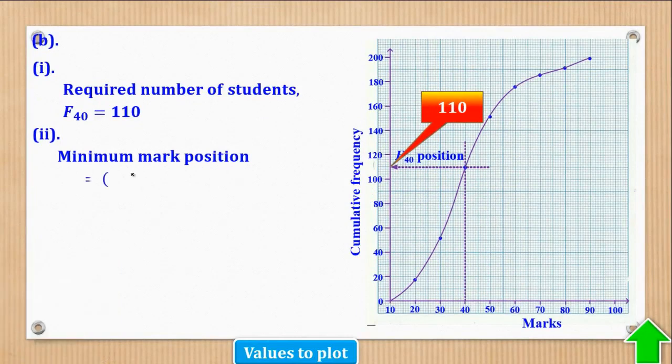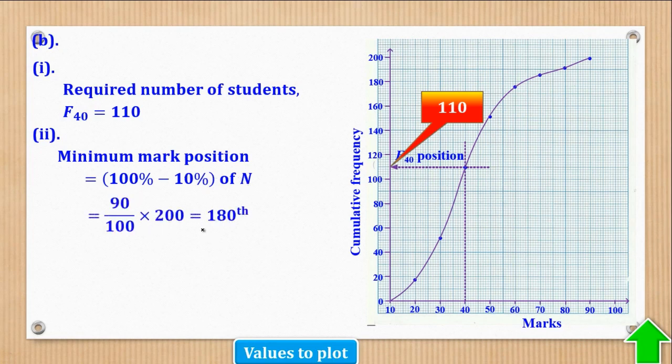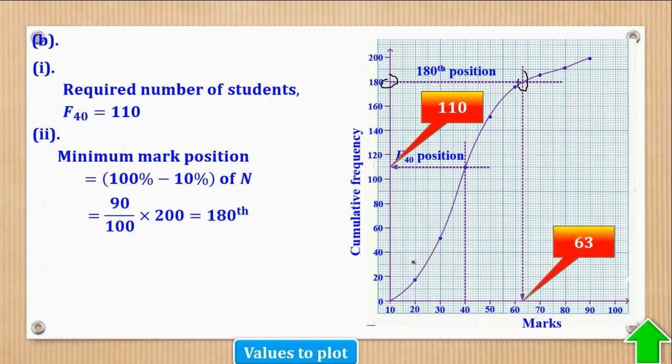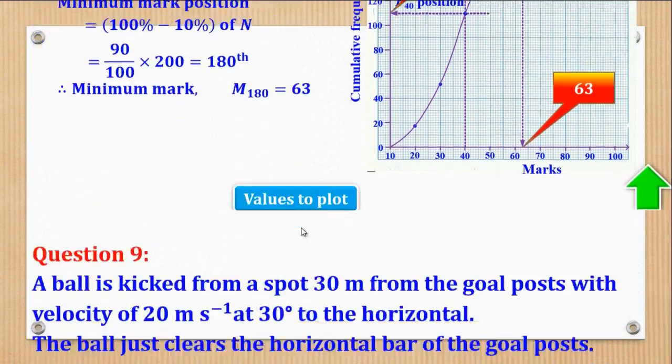Those are the top ones, therefore minimum mark will be 100 minus 10 percent times n to give you 180th position. So we shall locate 180, then where it cuts the curve, we take it downwards to meet the horizontal axis and read off the value, and that will be the minimum mark. So basically that is what they wanted.